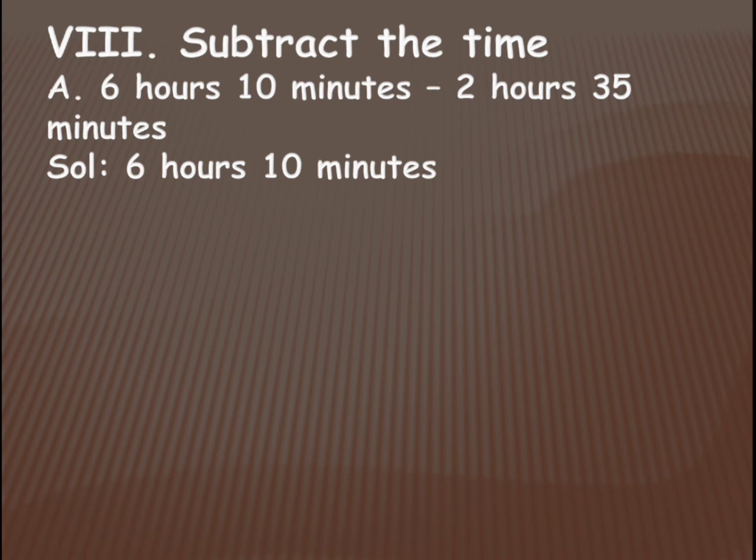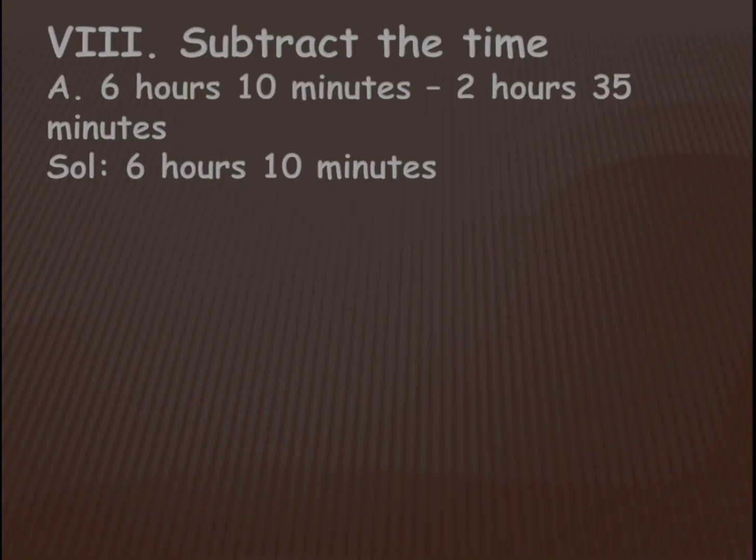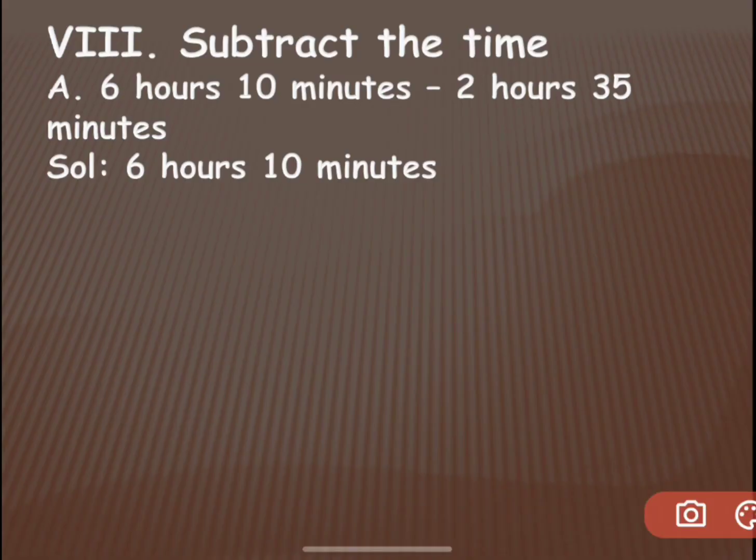So before that, children, if you see hours, you have 6 hours and 2 hours. So from 6 hours you can easily remove 2 hours, which becomes 4 hours. But here we have 10 minutes and here you have 35 minutes. Can we remove 35 minutes from 10 minutes?